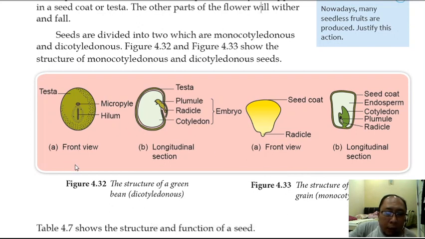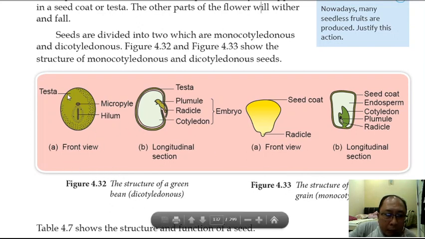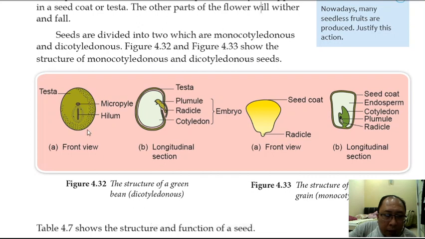The structure of a dicotyledon, like this front view, consists of the testa, which is the seed coat. This is the micropyle, a tiny hole, and this is the hilum. In the longitudinal section, this is the testa.